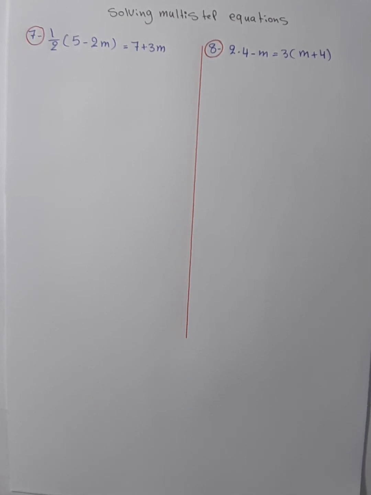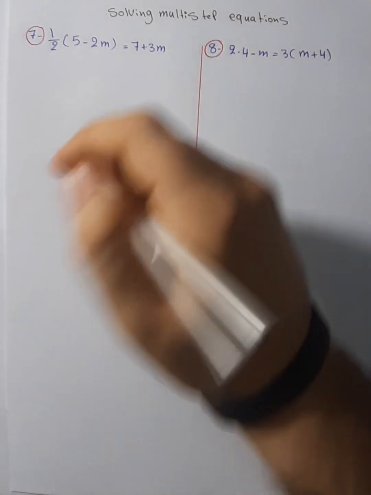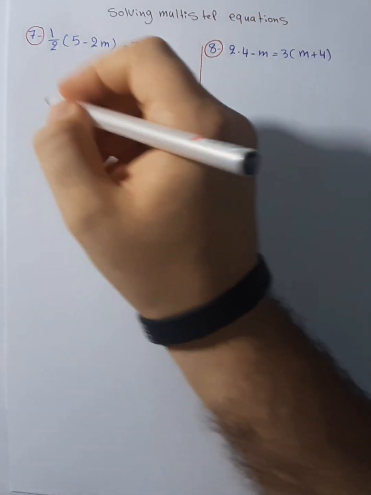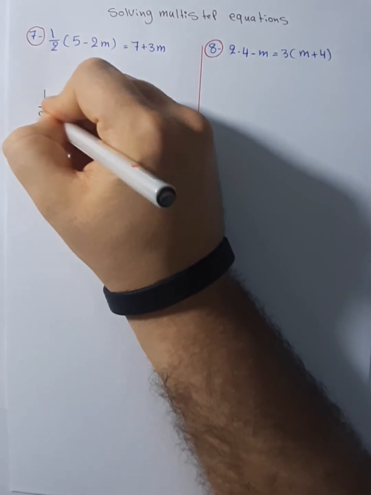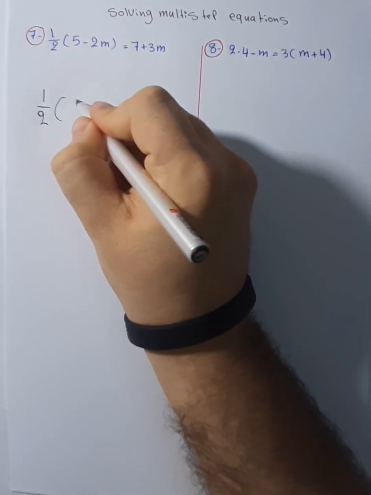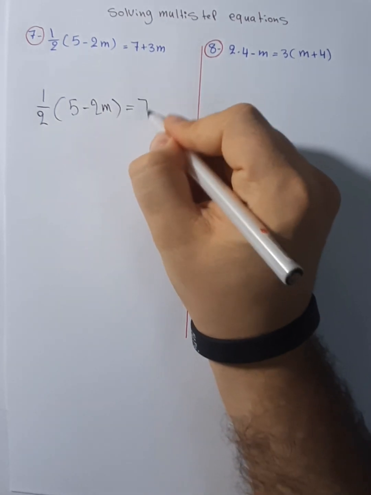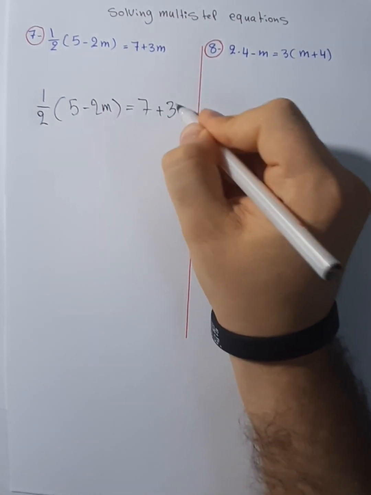Example number 7. You have 1 out of 2 multiplied by 5 minus 2m equal to 7 plus 3m. First step, we can multiply both sides by 2. We have 1 out of 2 multiplied by 5 minus 2m equal to 7 plus 3m.